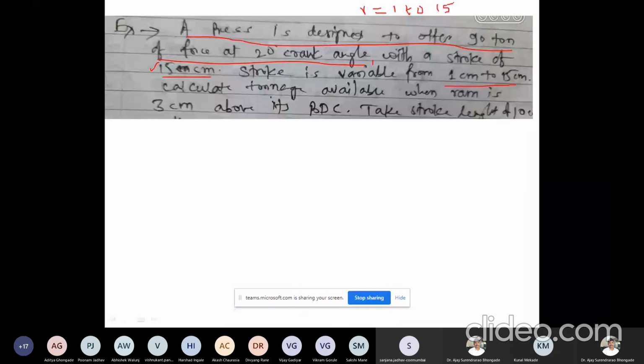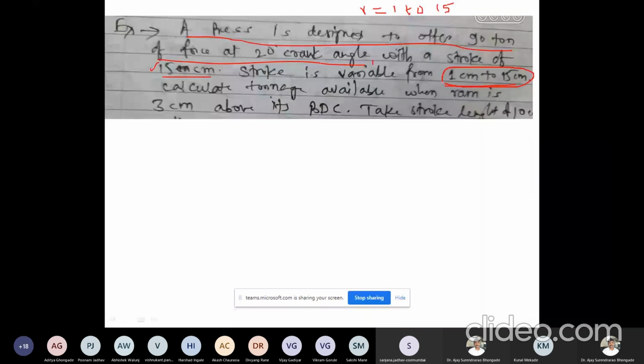Calculate the tonnage available when the ram is 3 centimeter above its BDC. Take the stroke length of 10 centimeter. Now we can vary the stroke from 1 cm to 15 cm, right?